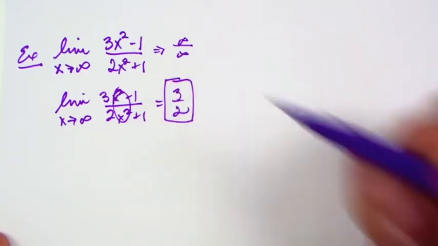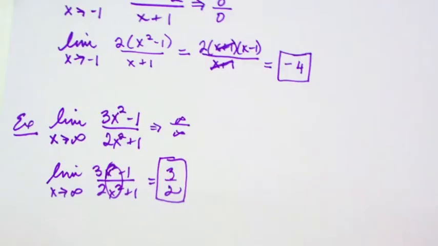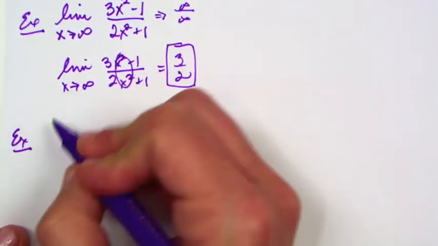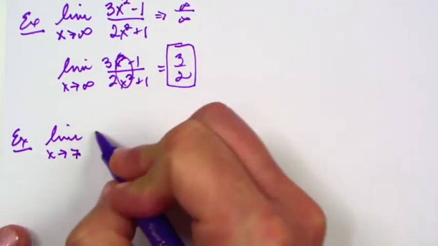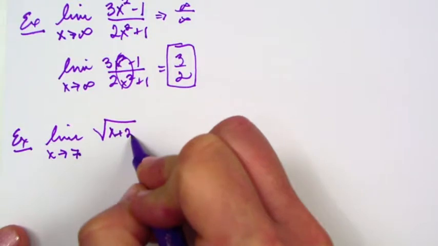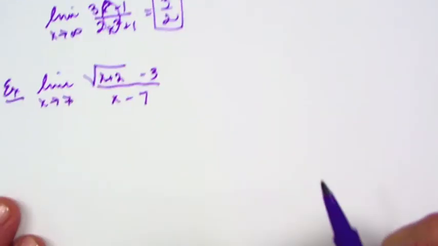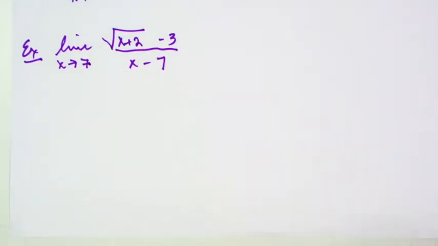And let's look at one more. I'm leaving space here for a reason. We're going to come back and look at some L'Hopital's here. So if I try direct substitution there, what do I get?